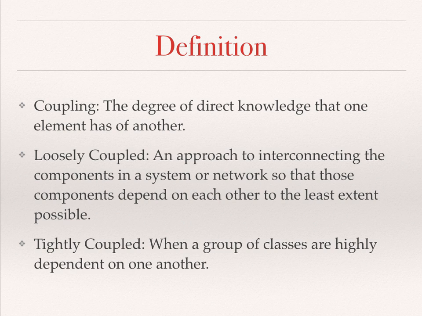If a system is loosely coupled, that's an approach to taking those interconnecting components in a system and having them connect, but at the least extent possible. So very loosely, again, not to use a term to define a term, they're tied together with as little as possible. And tightly coupled is when they're very highly dependent on one another.